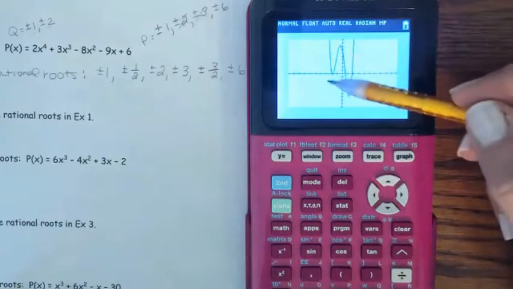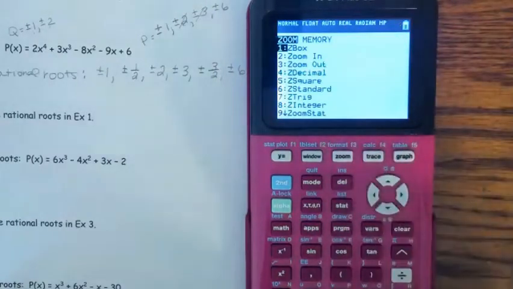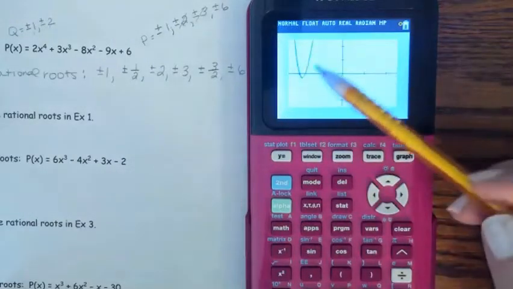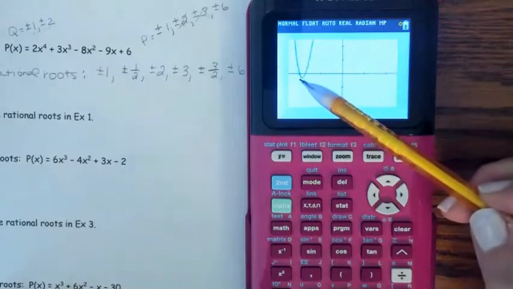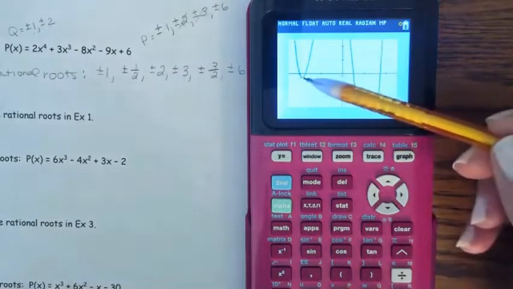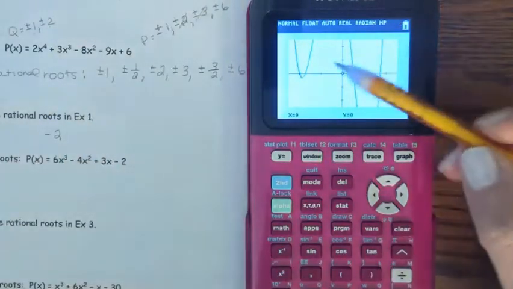I want to focus over here because I need to zoom in, so I'm going to try zoom 2, which is zoom in. It looks like -2. It's crossing at -2 right here. So that's a rational root.